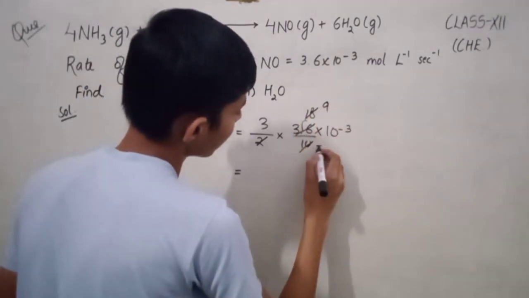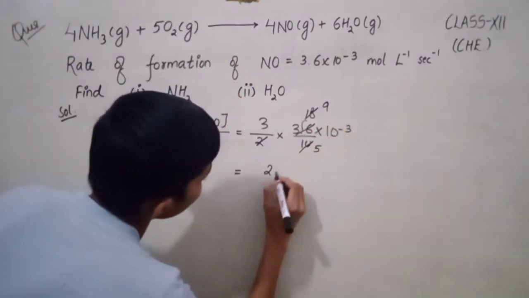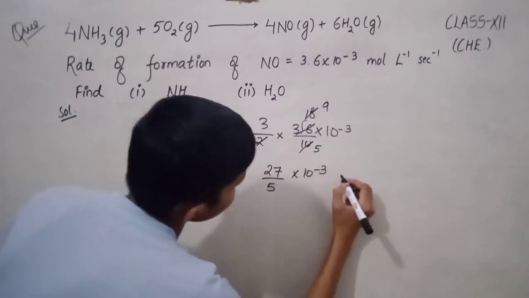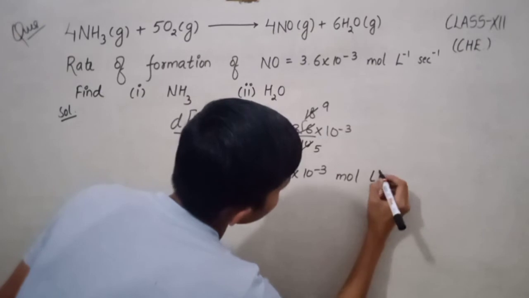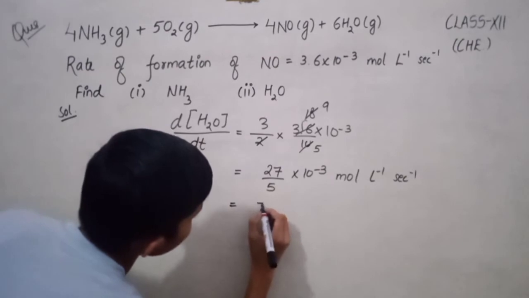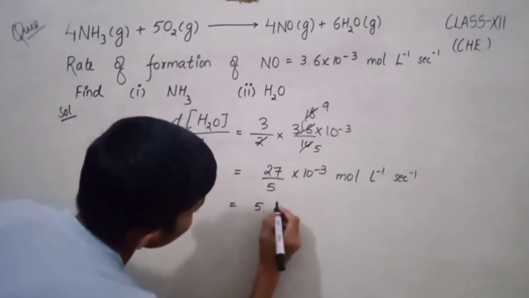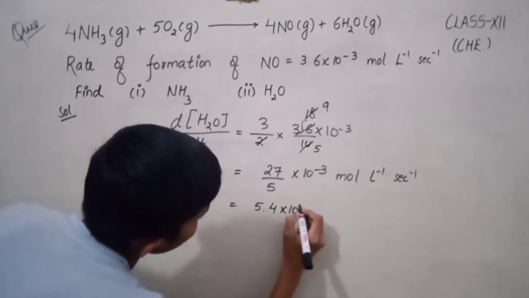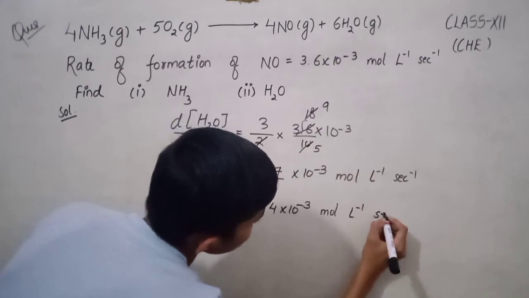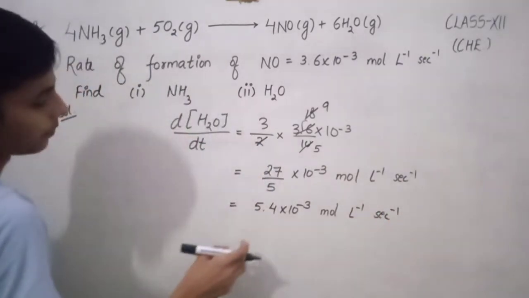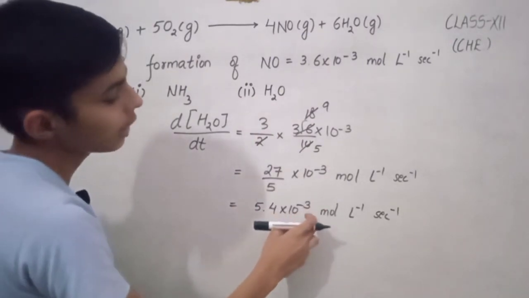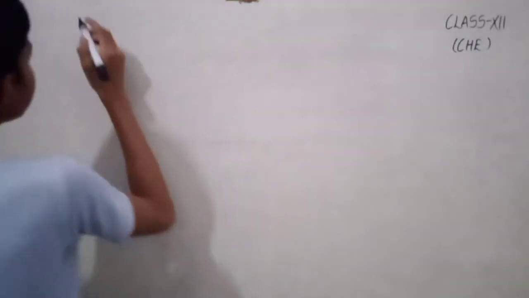Here 9, 5, and here 27. 27 divided by 5 into 10 raised to the power -3 mole liter inverse second inverse. So here 5.4 into 10 raised to the power -3 mole liter inverse second inverse. So the rate of formation of H2O will be 5.4 into 10 raised to the power -3 mole liter inverse second inverse.